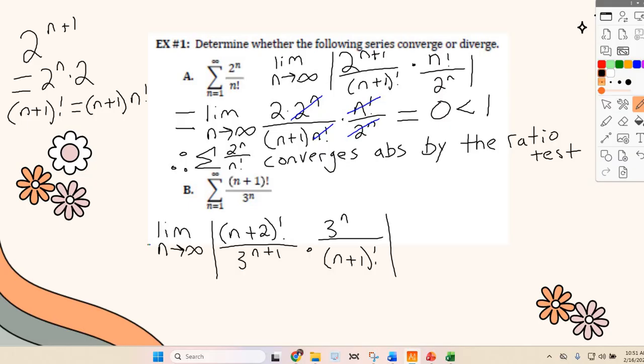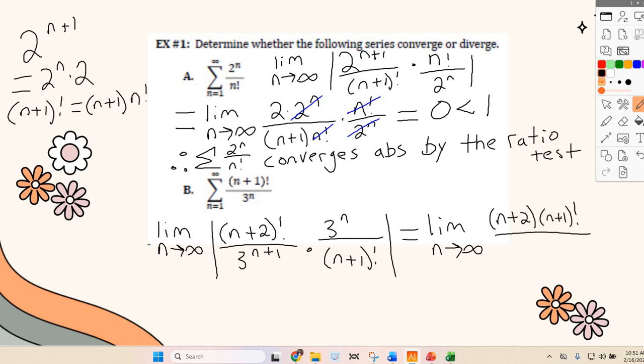Do we agree that my absolute values are redundant? I can drop them? Okay. Alright, what can I simplify my n plus 2 factorial to? n plus 2, times n plus 1. Okay.